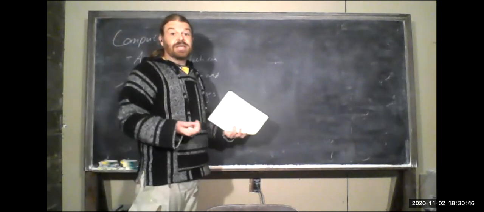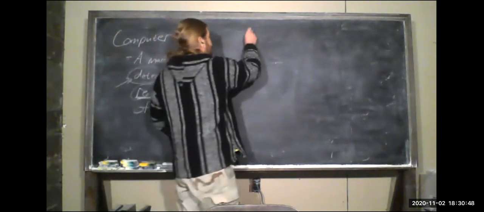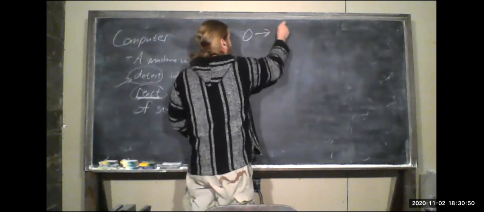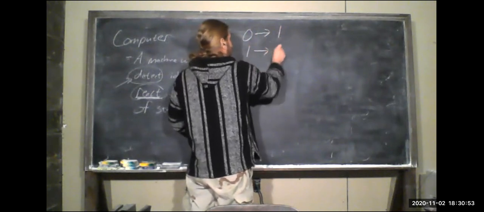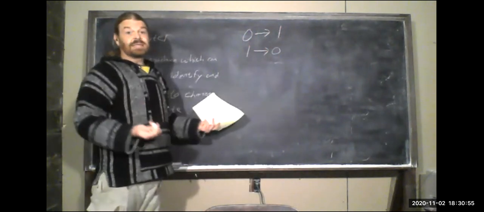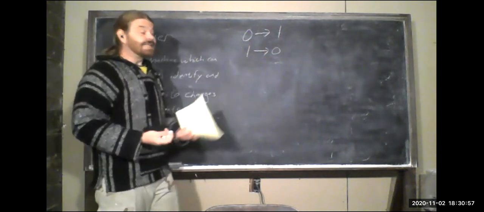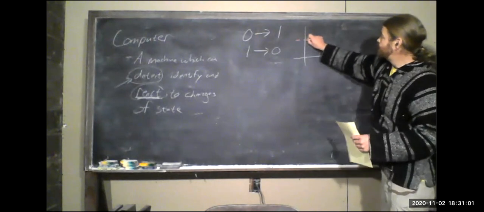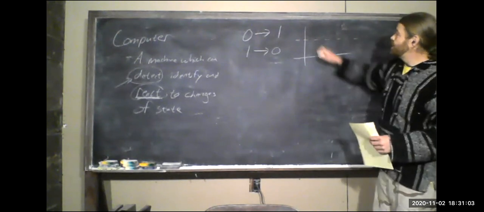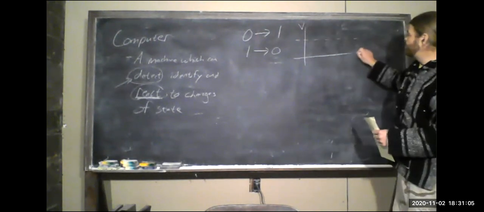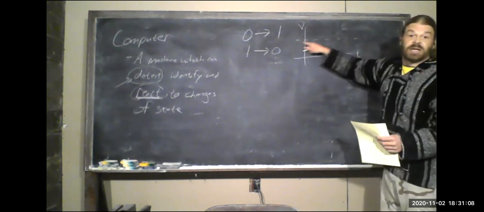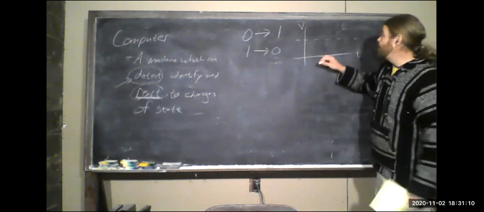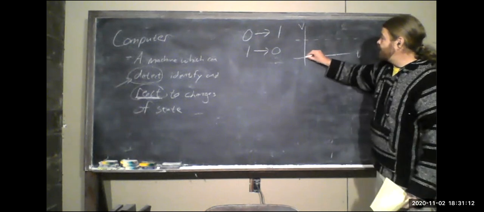We only have those 2 changes of state, right? 0 goes to a 1 or 1 goes to a 0. That's the only type of state changes we have when we're talking about an electrical device. So we drew this picture earlier as well. If we plot voltage over time, we'll set up some threshold, and we are either above or below that threshold at any given time.